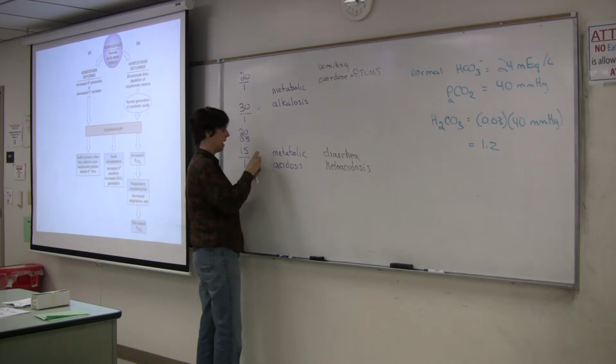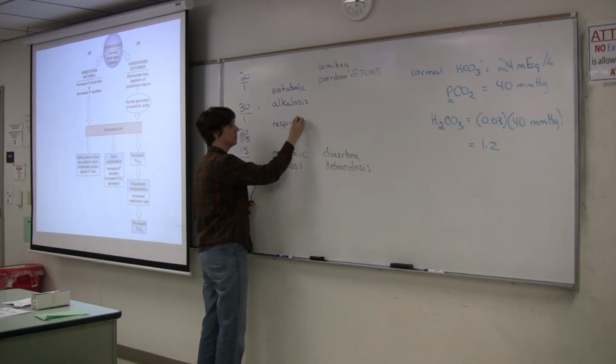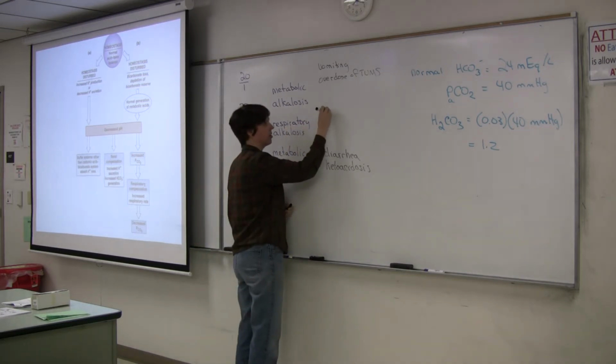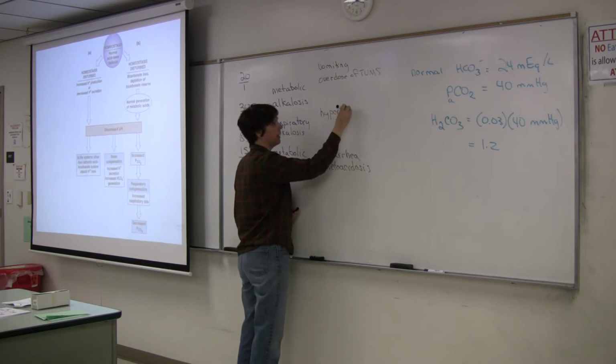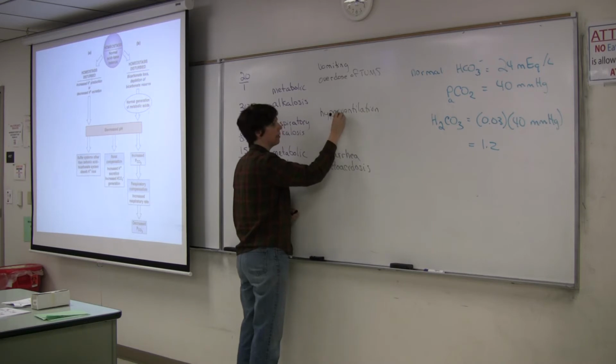So when the lower number changes, it's a respiratory problem. So we would be in respiratory alkalosis caused by hyperventilation. Now the hyperventilation may be due to panic. It may be due to high altitude.